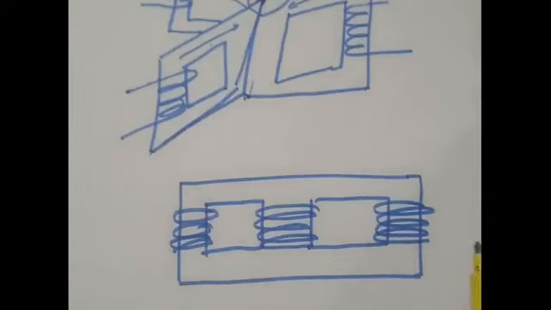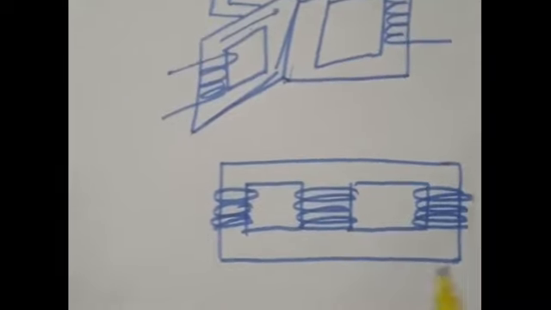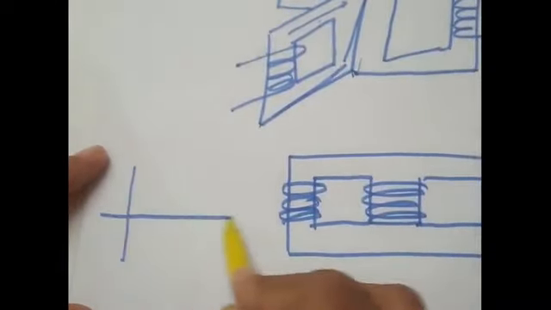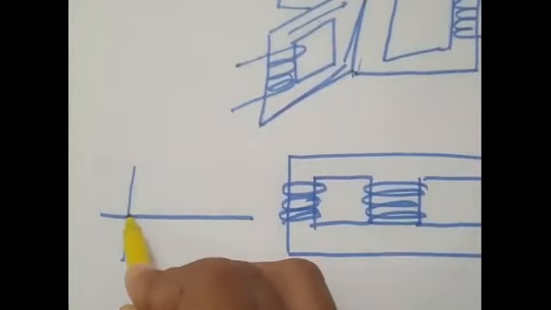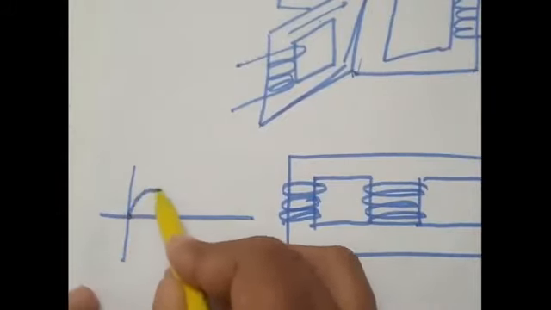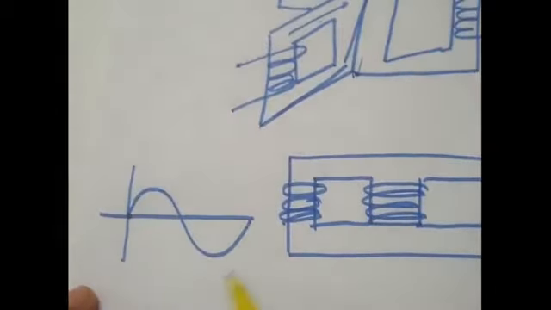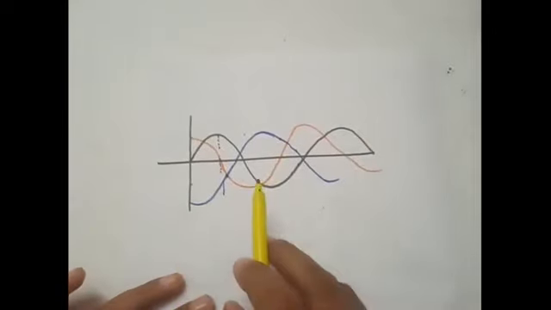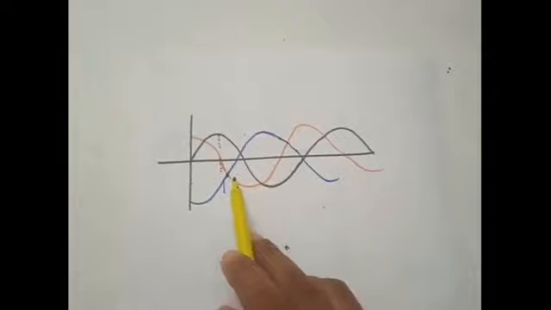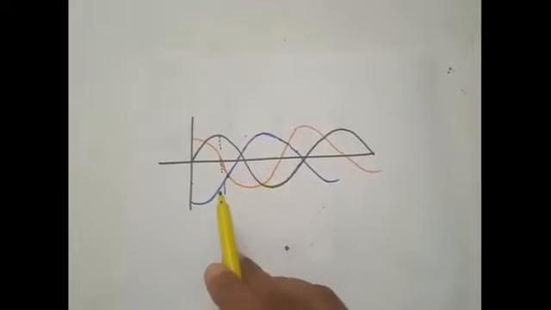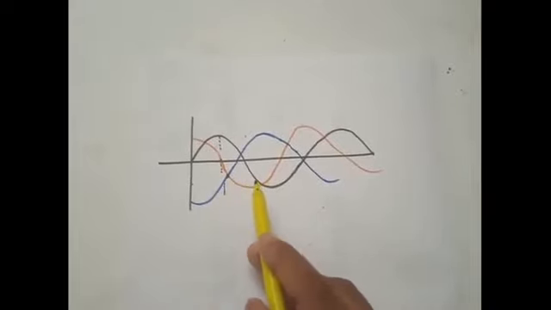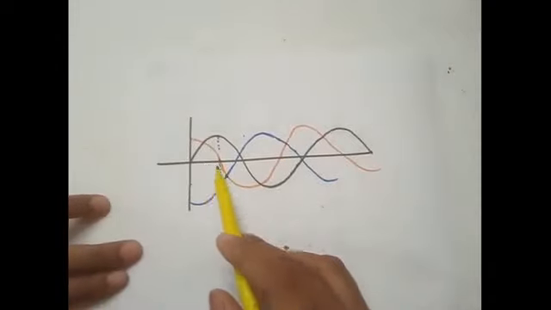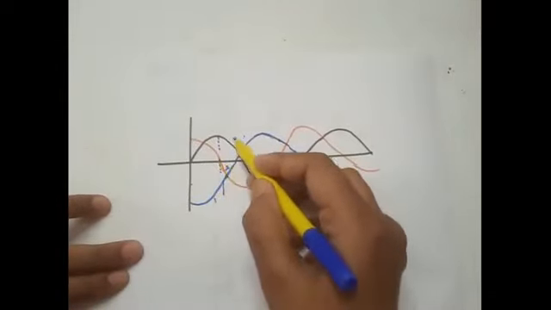The principle of the three-phase transformer is the same as in a single-phase transformer, where an AC current was induced in the secondary coil. But now we'll have a three-phase power supply which lags by 120 degrees between each phase, and as you can see we have power supplies 1, 2 and 3.